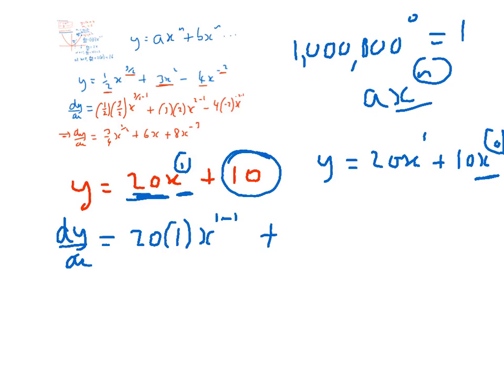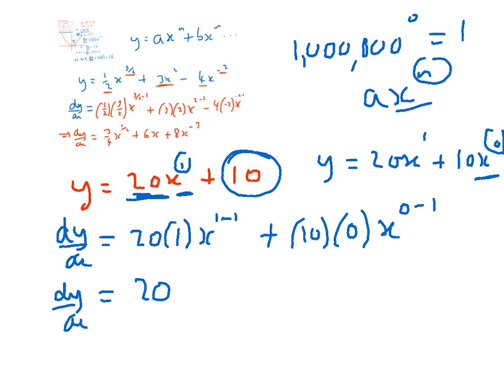So if I'm looking back here, I have a is 10, my power here is 0, that's going to come down, and I have x to the power of 0 minus 1. So if I simplify this up, I have 20 times x to the power of 0, as we already said, x to the 0 is just 1, so it's just 20.